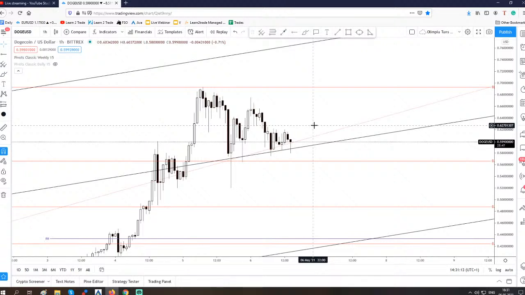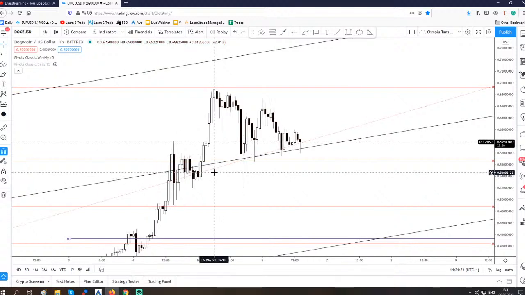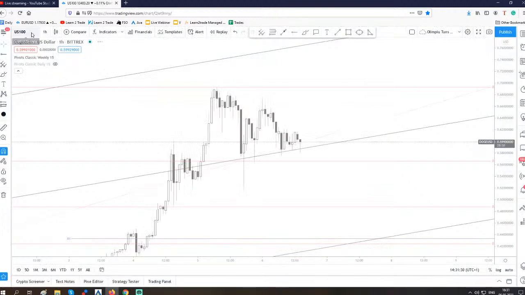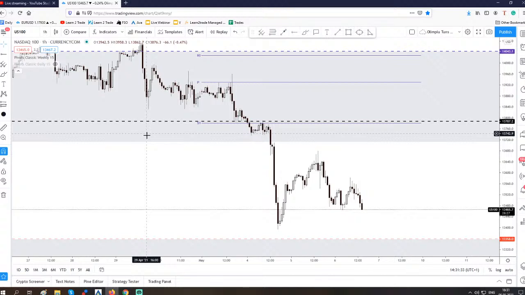So the temporary drop could maybe help us to catch a new upside movement. Okay, so let's move forward. I will take a look again at the Nasdaq US 100 only for you guys. That's why I'm here. And yeah, this index, the US equities, drop right now.